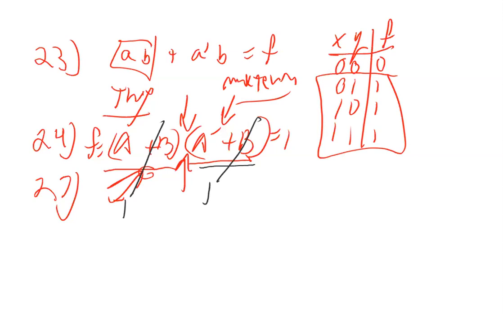Let me see if there's any other questions here we should be covering. Okay, I got a good one for you. Suppose I said F is equal to canonical sum of products 1, 3.